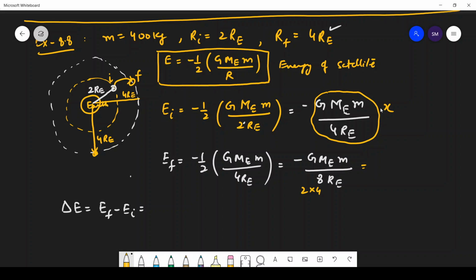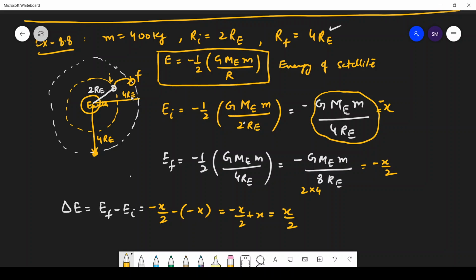So if I am writing it as minus x, this will be minus x by 2. Very good. So what is the energy change? The energy change will be final, minus x by 2, minus the initial value, minus x. So what do you get? Minus x by 2 plus x, and that's equal to x by 2.